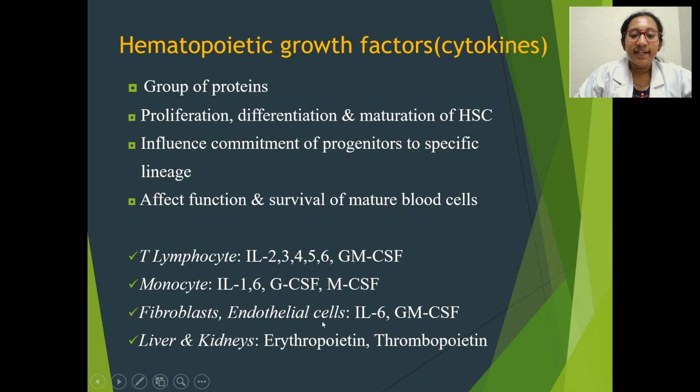Fibroblasts and endothelial cells produce interleukin 6 and granulocyte monocyte colony stimulating factor. Liver and kidney are the main sites of production of erythropoietin and thrombopoietin. For today's class, erythropoietin is important because we'll be dealing mainly with erythropoiesis, which is nothing but production of RBC. So erythropoietin is the growth factor which is produced by the kidneys, which acts on the bone marrow and increases the production of the red blood cells.